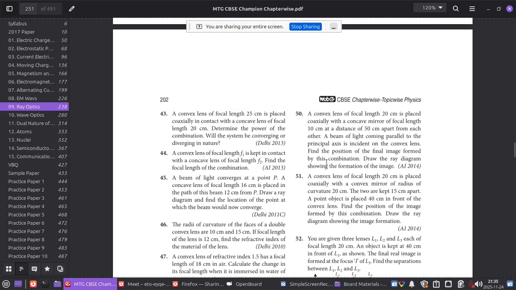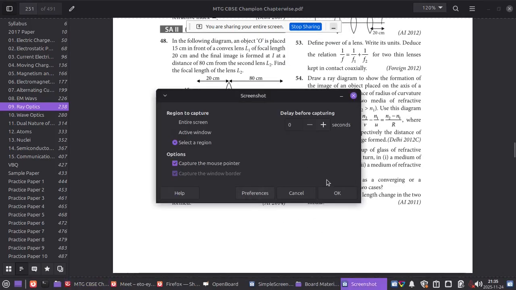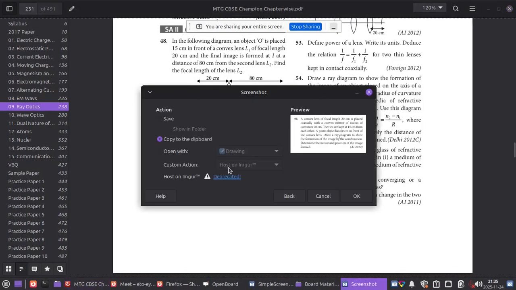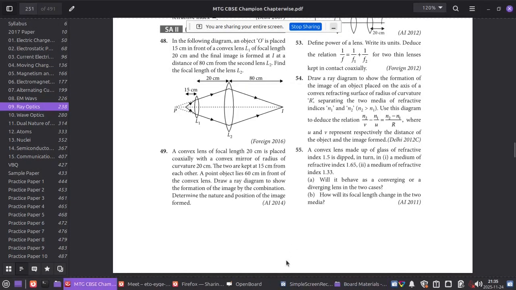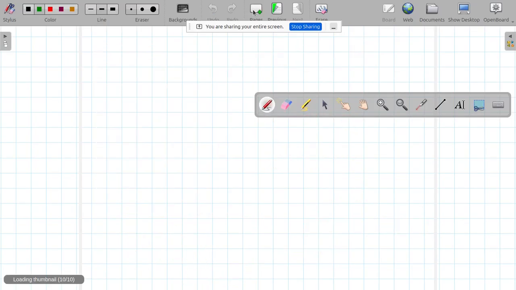Problem 49, the diagram is not given. We will see one by one. This question is a combination of lens and mirror.